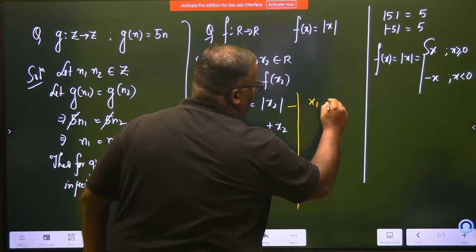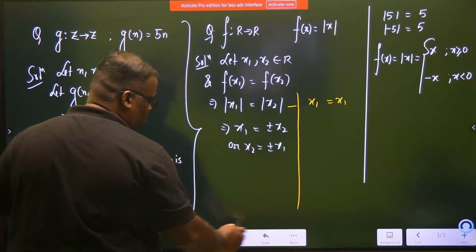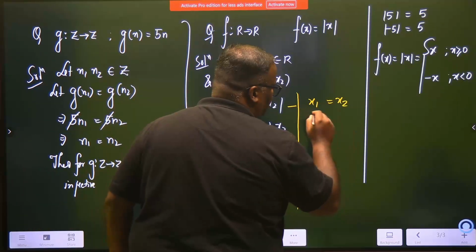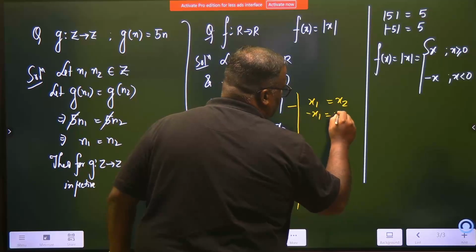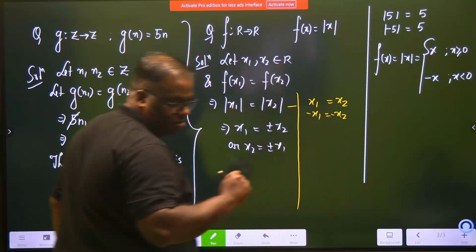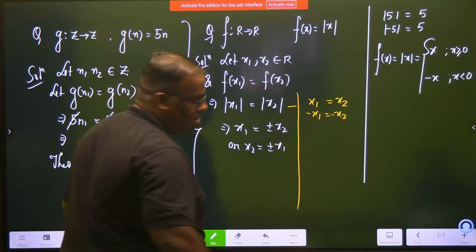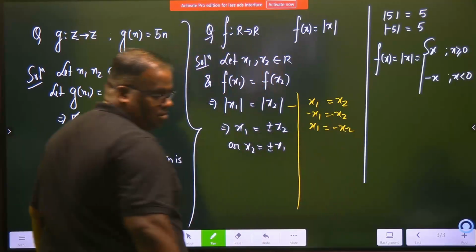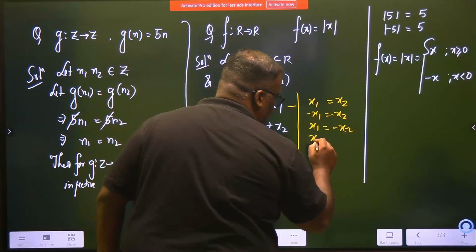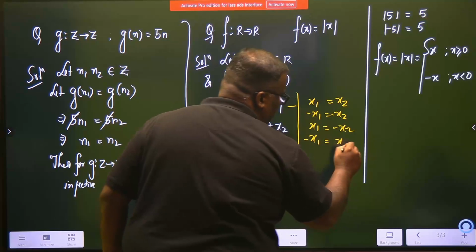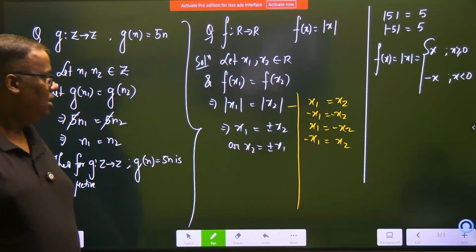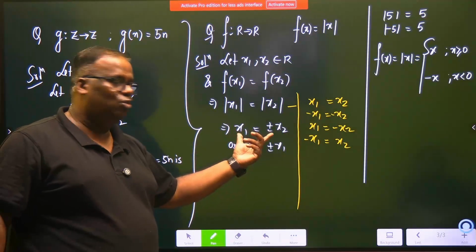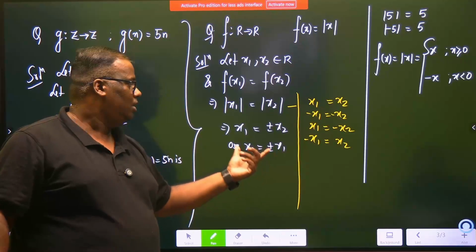Either x1 equal to x2, both positive. Either both can be negative; in this case, it is same as this. Or it can be one positive, one negative. Or this one is negative and this one is positive. Nothing more than that. So actually, if you write this statement, this is more than enough. You don't need to write this at all.